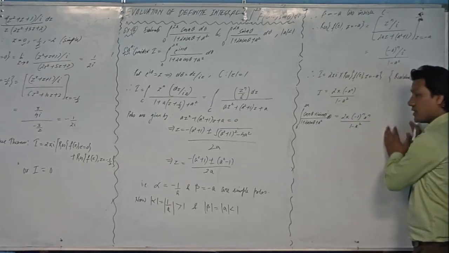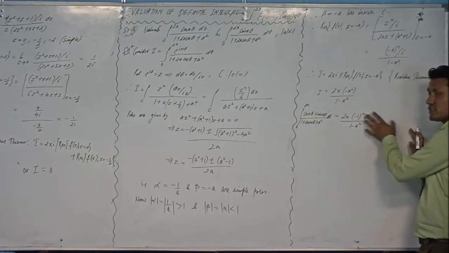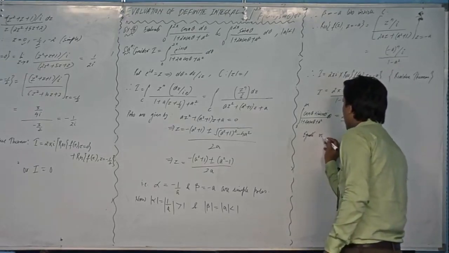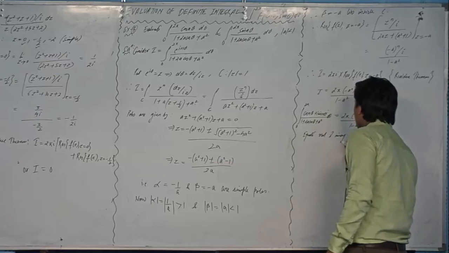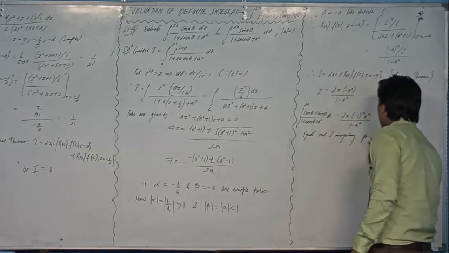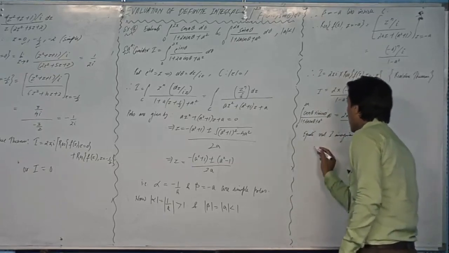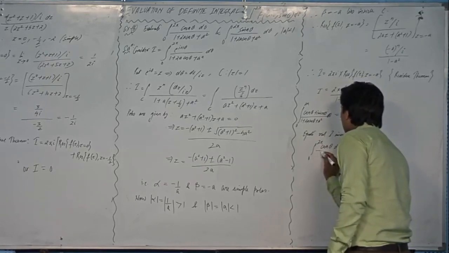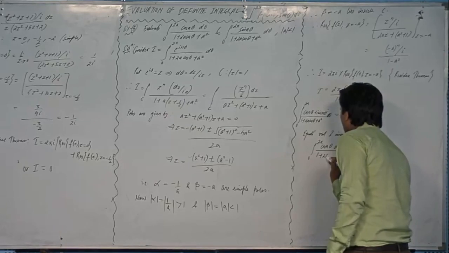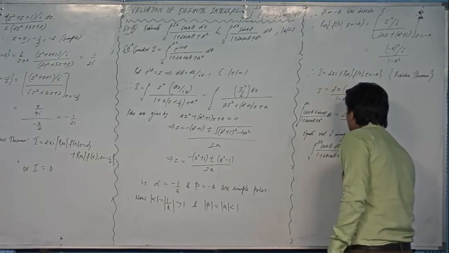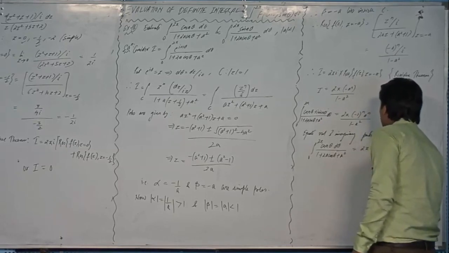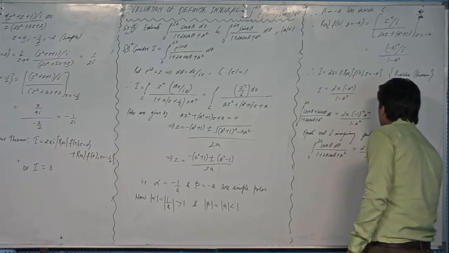Since the imaginary part is completely missing on the right hand side, you can see that there is no iota term, right? So equate real and imaginary parts on both sides. The left hand side will give you the integral from 0 to 2 pi of cos n theta d theta over 1 plus 2a cos theta plus a square, equal to 2 pi minus 1 to the power n, a to the power n over 1 minus a square.